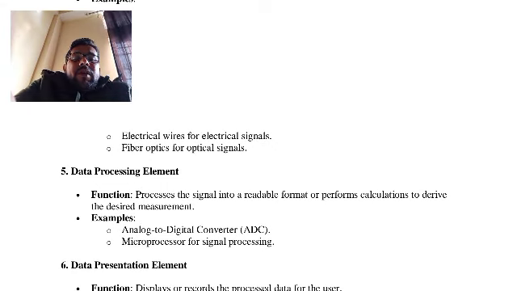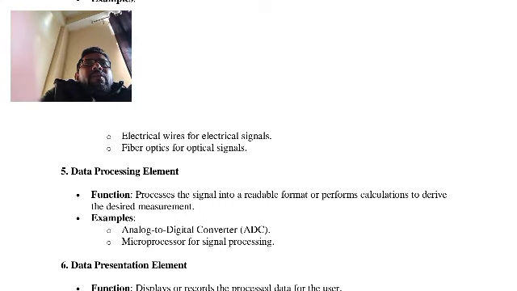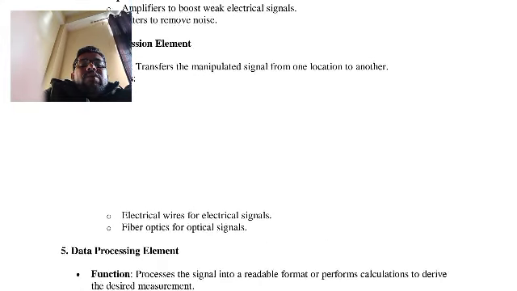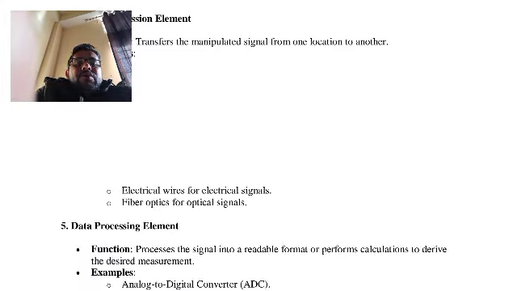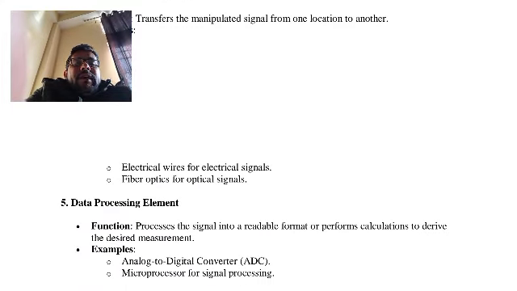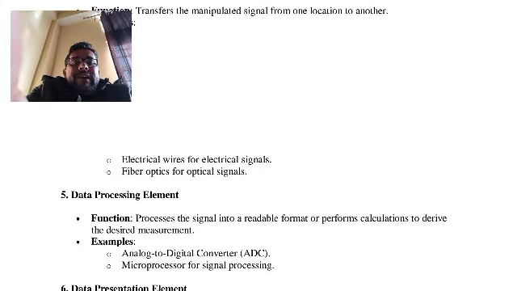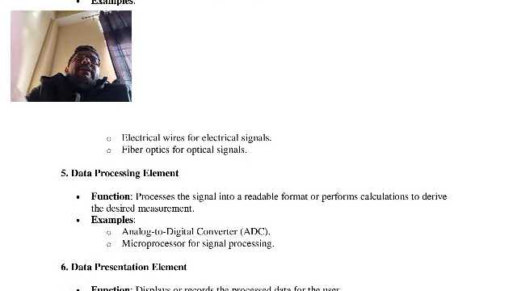What is the function of the data processing element? It processes the signal into a readable format or performs calculations to derive the desired output. We need to analyze the signals we got from the data transmission element, and after analysis we can get the desired measurement signals.